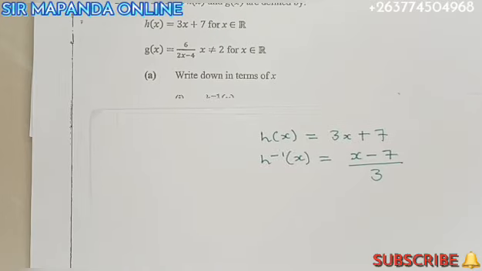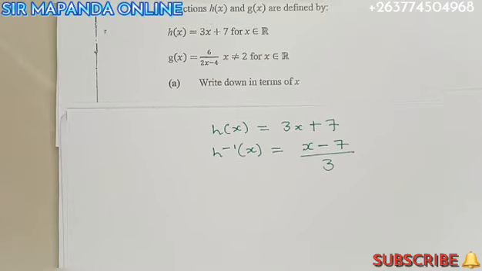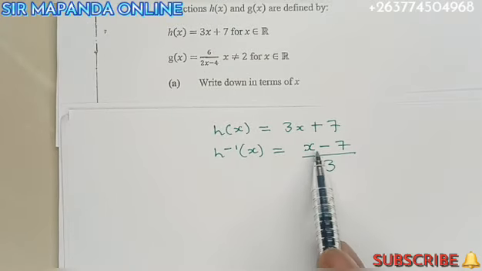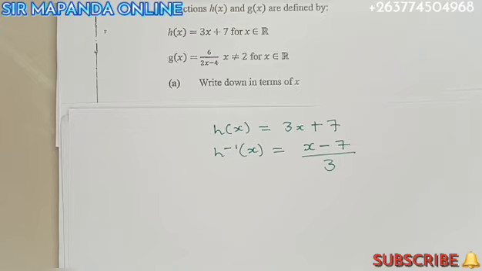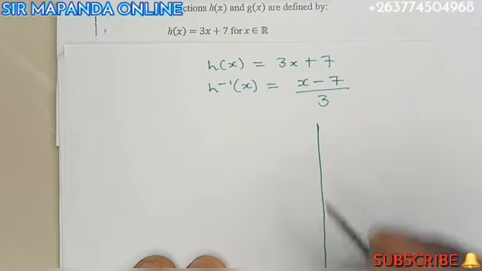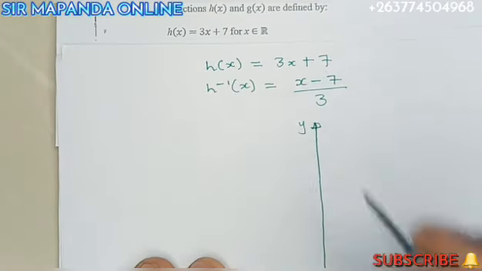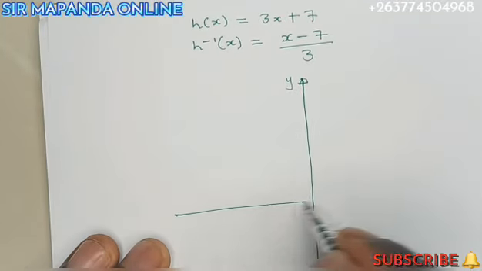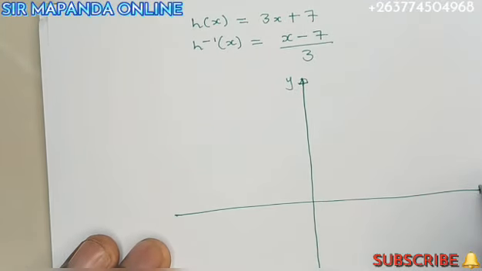So remember, the inverse of h, we found it to be (x minus 7) over 3, and the original function is 3x plus 7. So we want to sketch these two graphs on the same Cartesian plane. I hope you are following class.